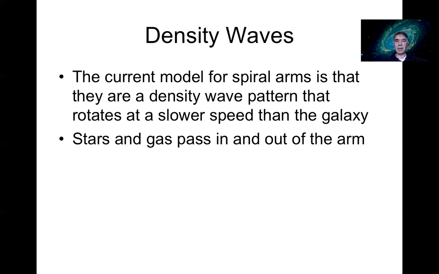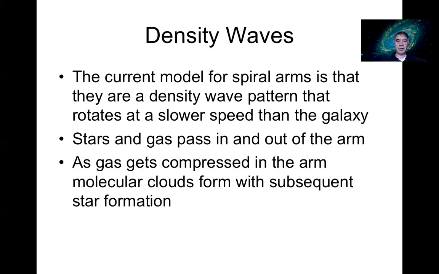But the spiral arm pattern is moving slower than we are. Okay, so that means that we enter the spiral arm in effect from what appears to be the sort of back of the spiral arm and come out the front side as if you're looking at it. We'll have a look at a diagram in a moment.